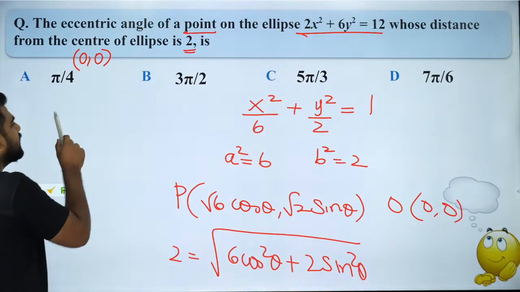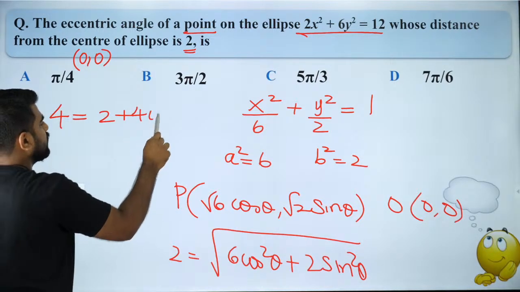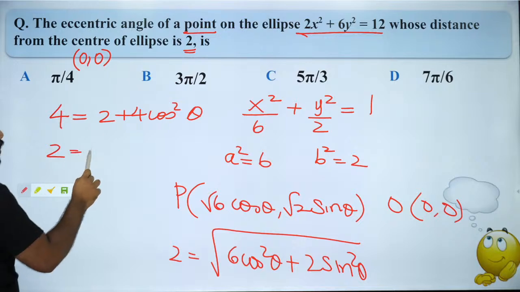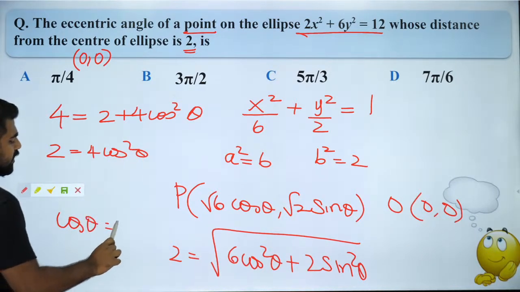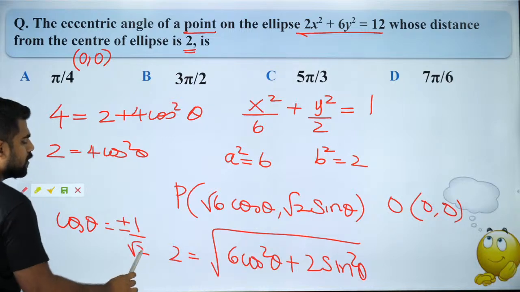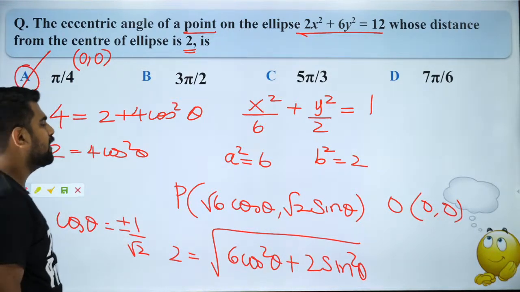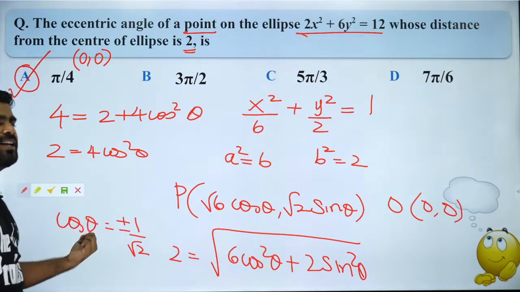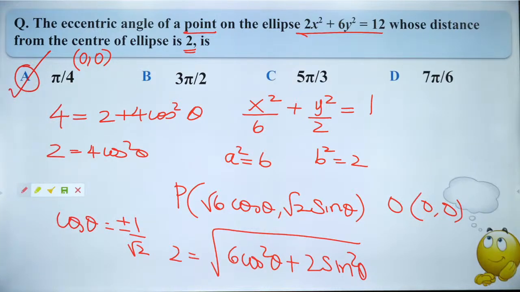If I square it and open it, I'll get 4 is equal to 2 plus 4 cos square theta, and that will be 2 is equal to 4 cos square theta. So I will get cos theta is equal to plus or minus 1 by root 2. So I'll get theta is equal to pi by 4, because that clearly will satisfy the equality which I have over here. Are you all clear with it?